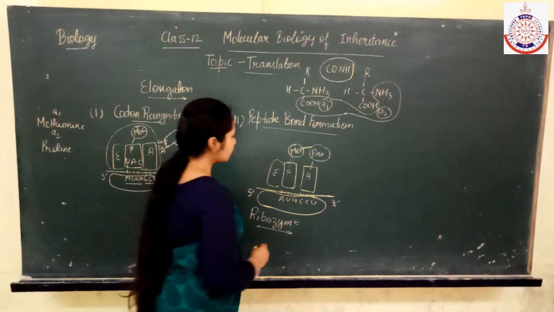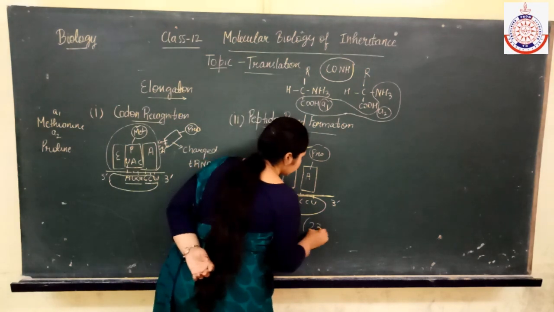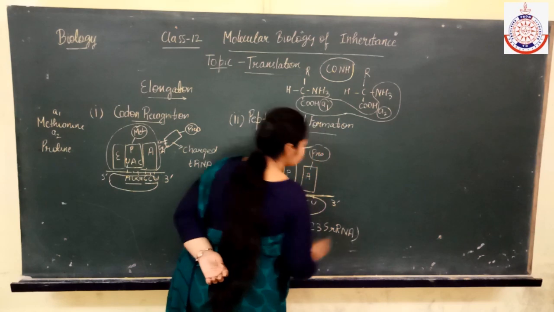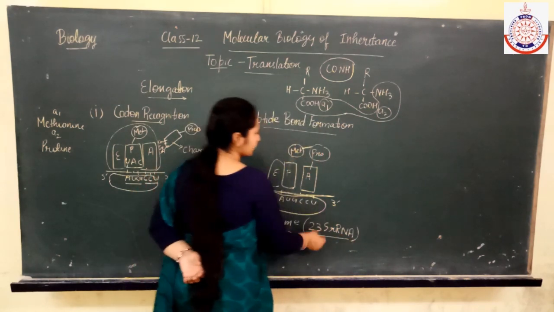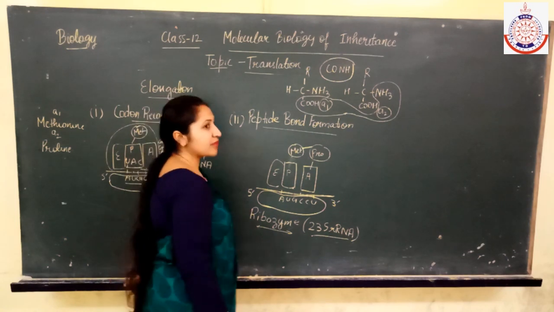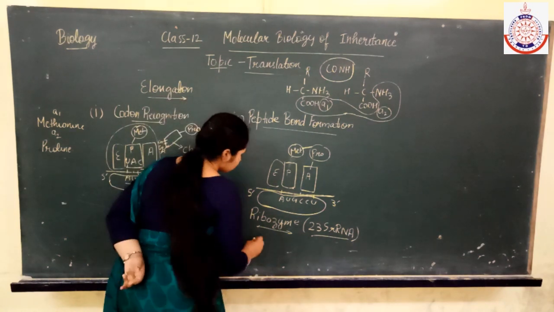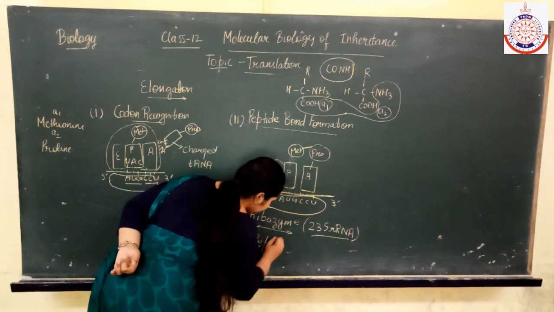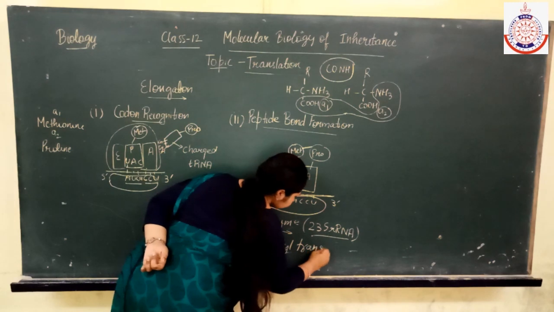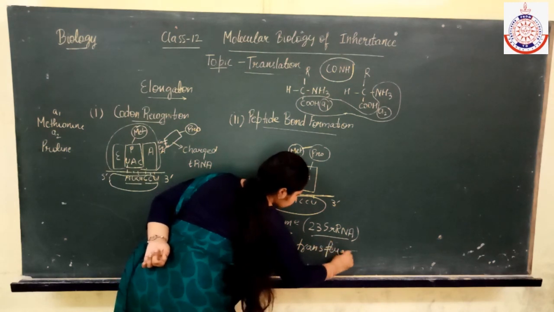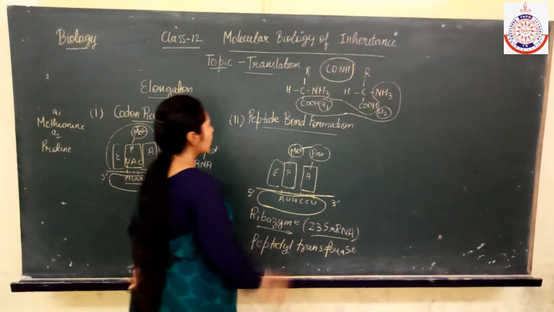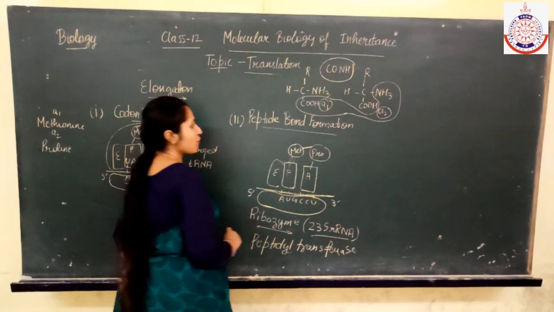So the ribozyme enzyme is actually the 23S rRNA of the ribosome, and this part acts as the ribozyme. It is also known as the peptidyl transferase. Okay, so this is all about the peptide bond formation.